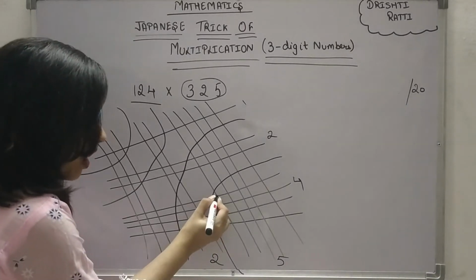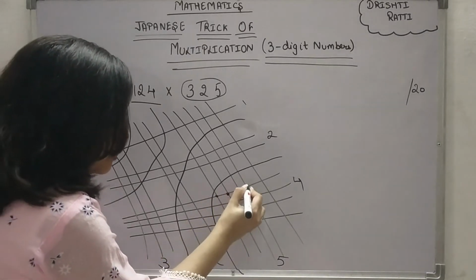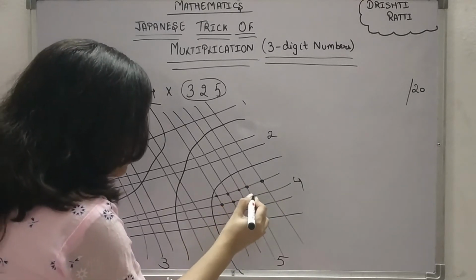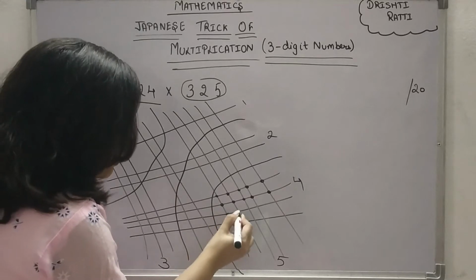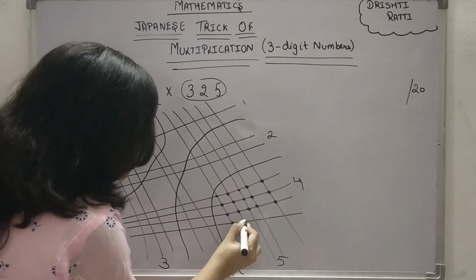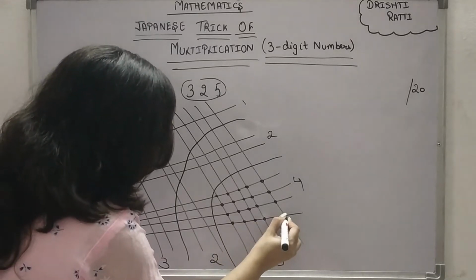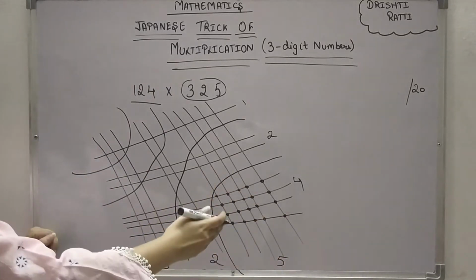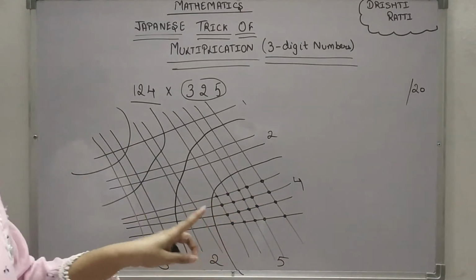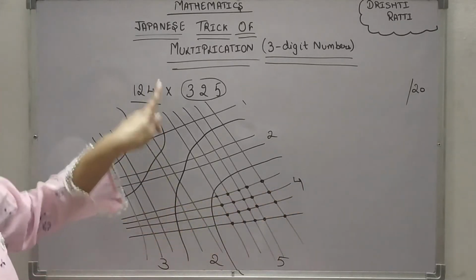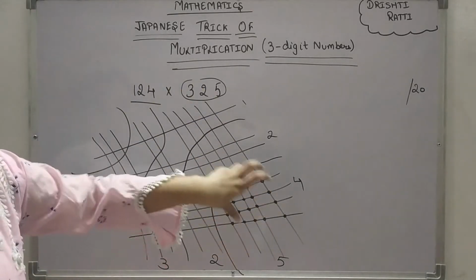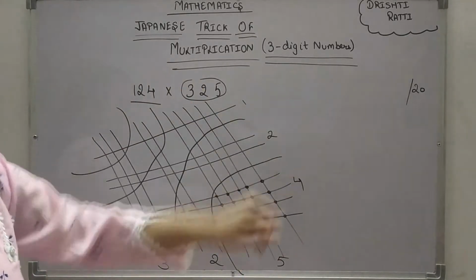Let's see. 1, 2, 3, 4, 5, 6, 7, 8, 9, 10, 11, 12, 13, 14, 15, 16, 17, 18, 19 and 20. So you can see these are the 20 intersecting points. So you can get that value instead of counting. You can get that value like this also: multiply the number of lines coming this way and this way, the cross lines. So 5 into 4 is 20.